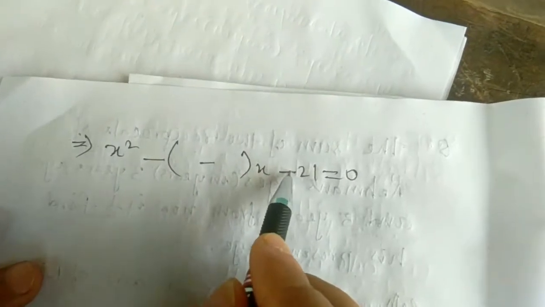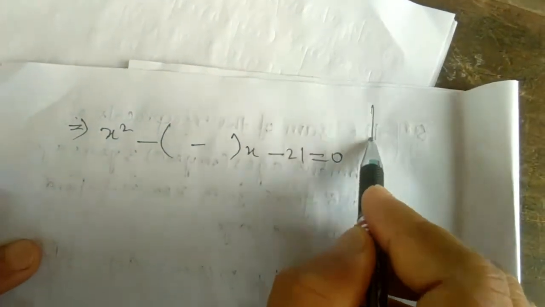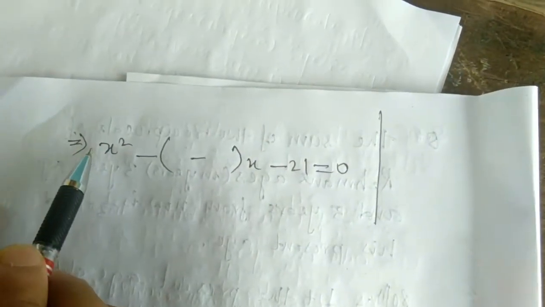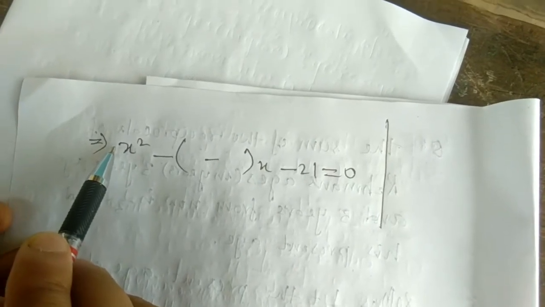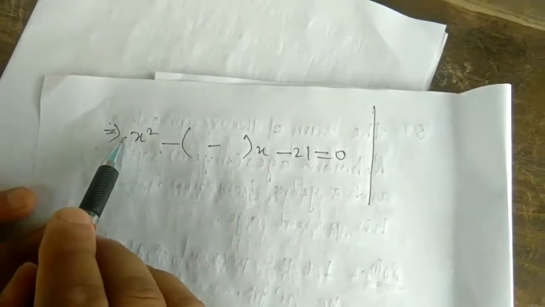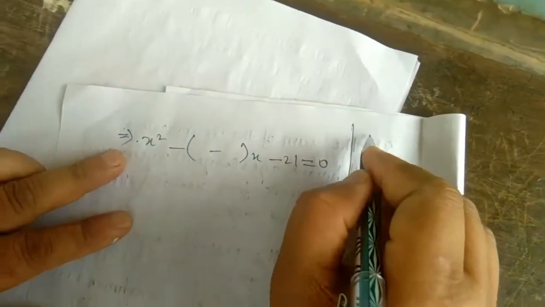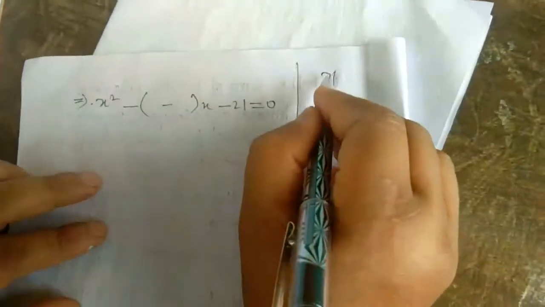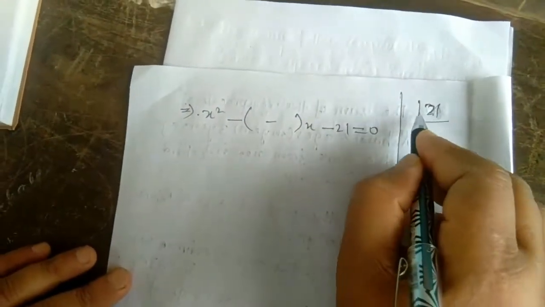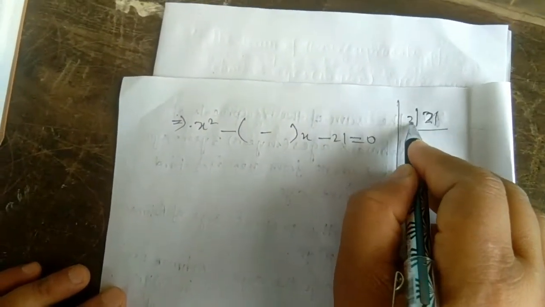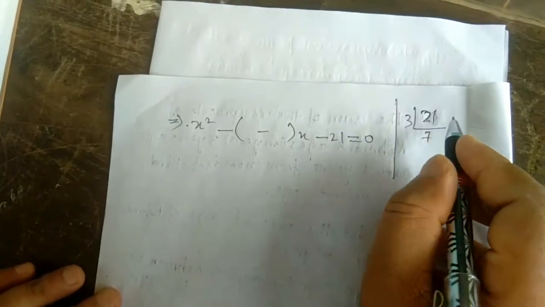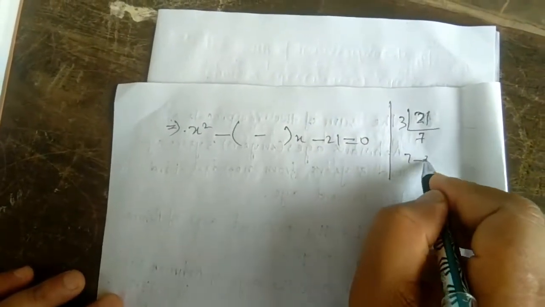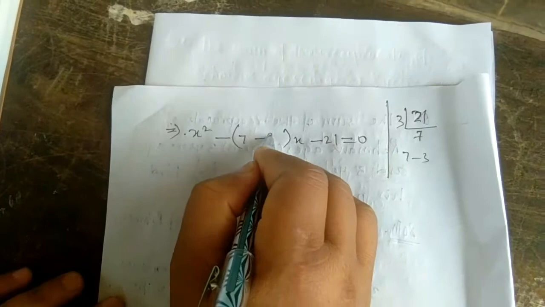First we multiply the coefficient of x square and the constant term: 1 into 21 is 21. Find the factors of 21: 3 times 7 is 21. And 7 minus 3 you will get 4.